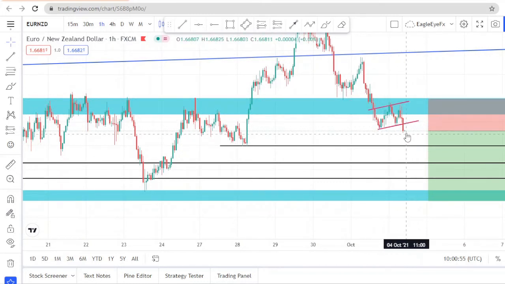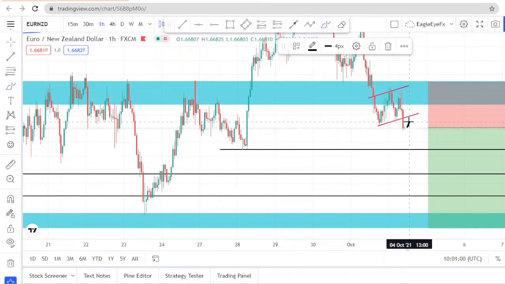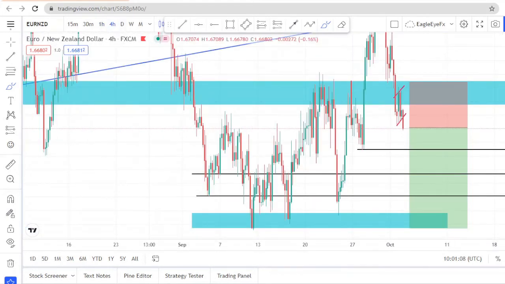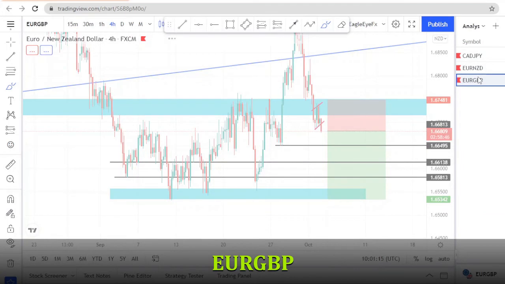So you can see that it's already broken, so maybe it might do some retest here before it continues going down. But generally on EURNZD, I'm also looking for sales. All right, let's go to our last pair, which is EURGBP.